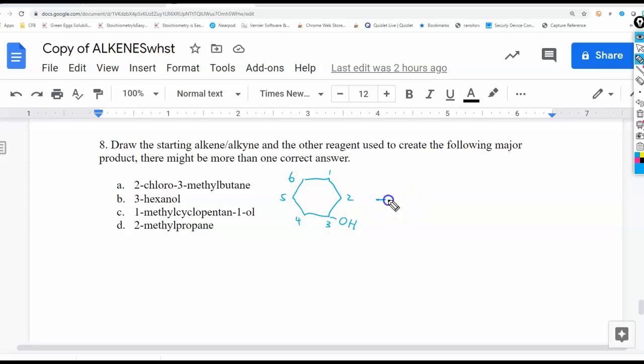And to make an alcohol, we know that water is one of the reactants, and we also know that there has to have been a double bond in between here and here. So we would have had that right there, and then we would have added in the H, which is going to go right in here. That's where the H is going to go, and that's where the OH is going to go right there.